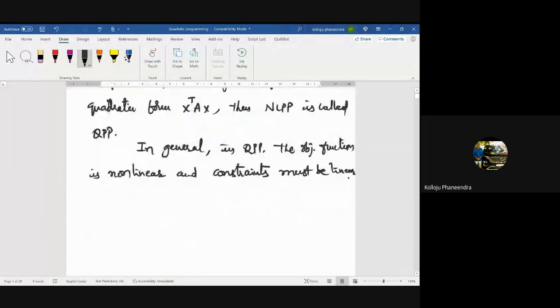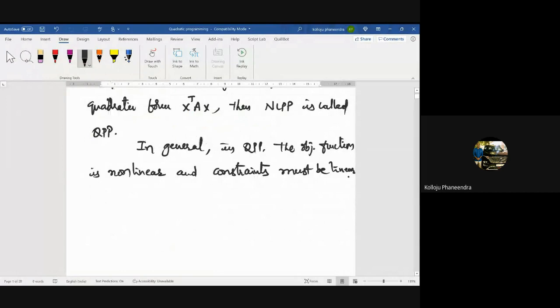And what is the general form of a quadratic programming problem? The general form is: optimize, which means maximize or minimize, Z equal to.